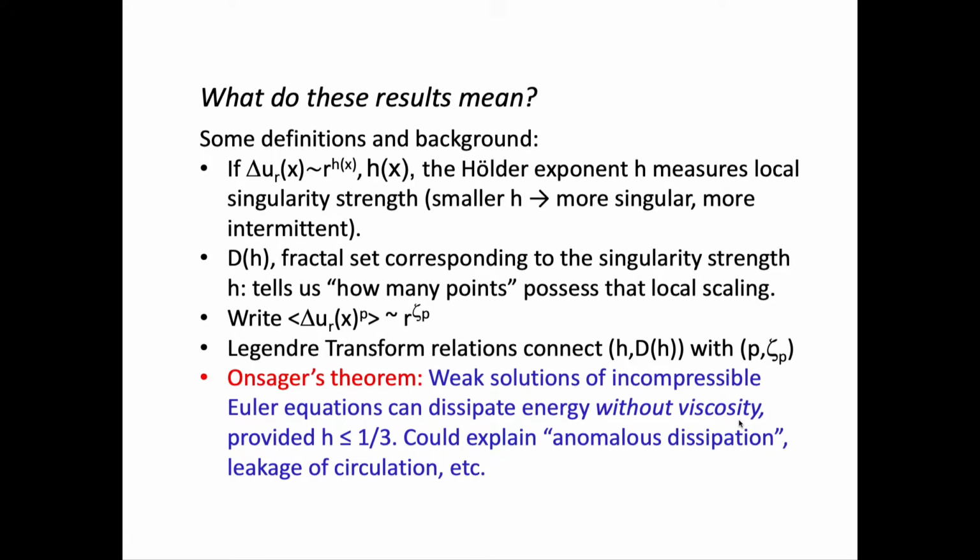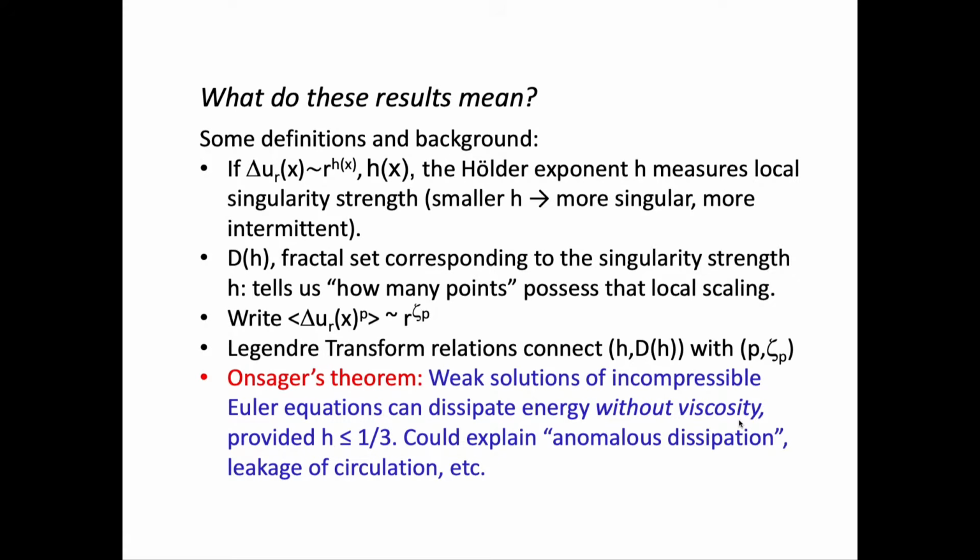Now, if the velocity were a continuous function, this delta u_r will have to go like r to the power 1, right? I mean, this is continuity from one position to another. But if you're in the inertial range, the point is that h is not unity. h is a fraction. And the value of this exponent tells you the singularity strength.